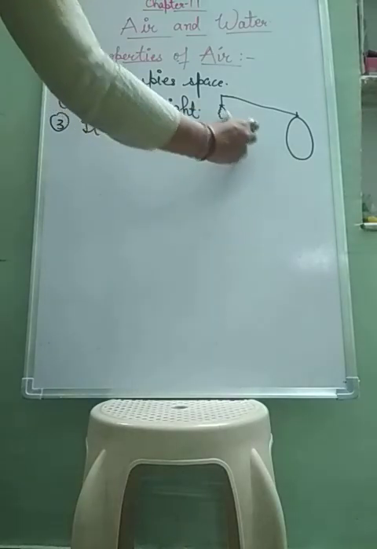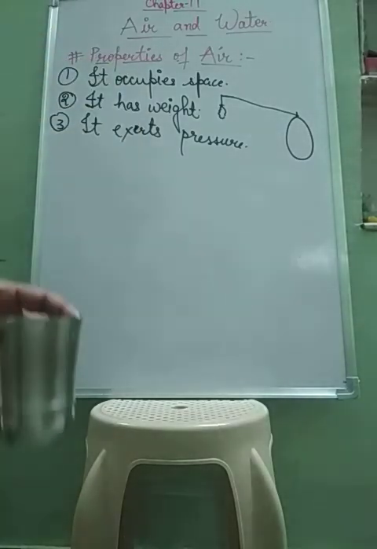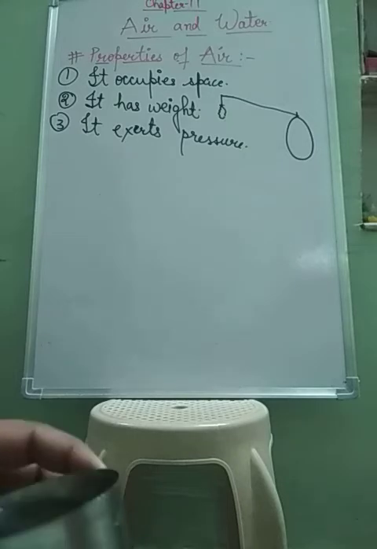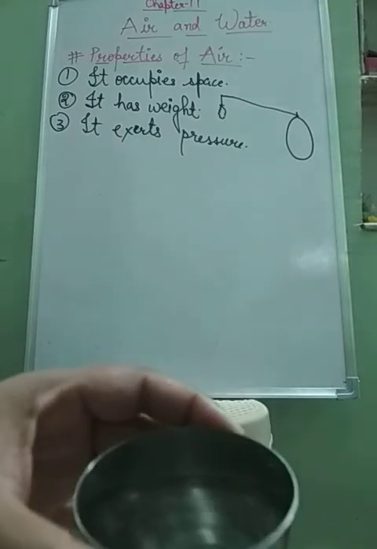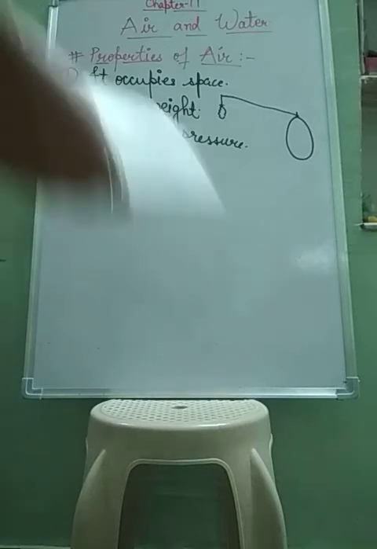For this we will do an activity, an experiment, in which I will show you how air exerts pressure. For that I have already taken a glass full of water. See, it has water in it. And I have this cardboard.